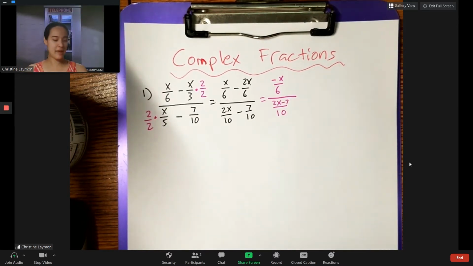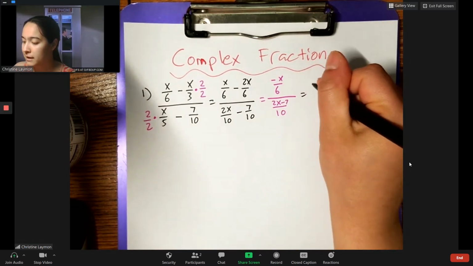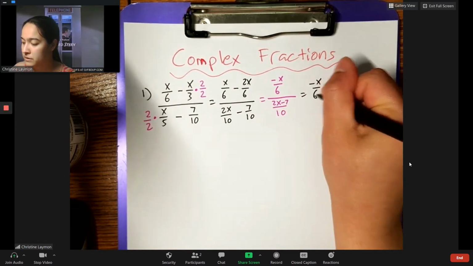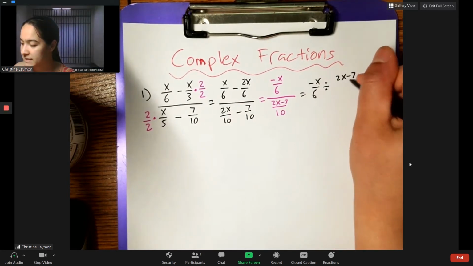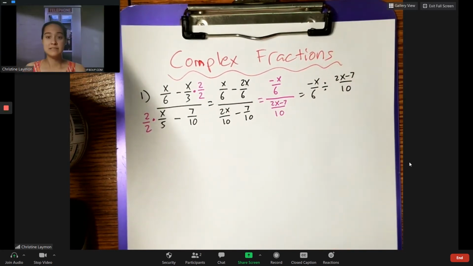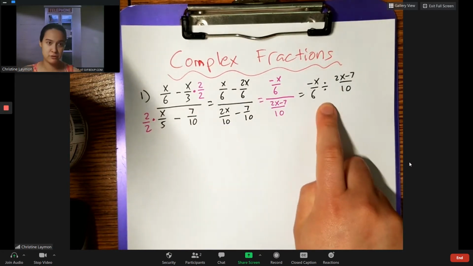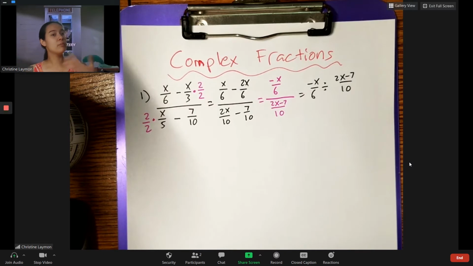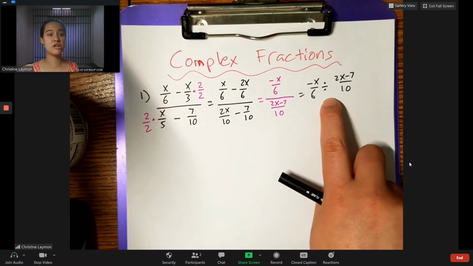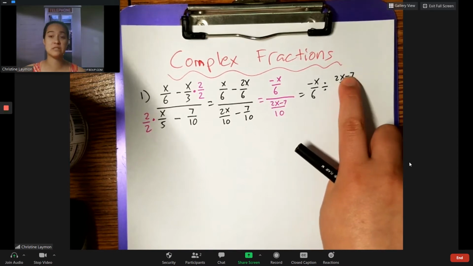Now, for the sake of making this a bit easier to see, for a moment, I'm going to rewrite it as negative x over 6 divided by 2x minus 7 over 10. Now, this is a step you don't have to do. The reason I do it is because back in middle school, most of us probably learned that if I see it this direction, I can change it to multiplying by flipping this one upside down.